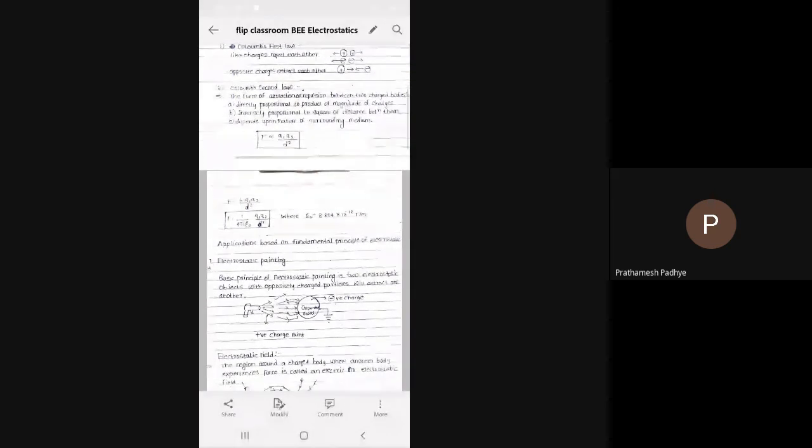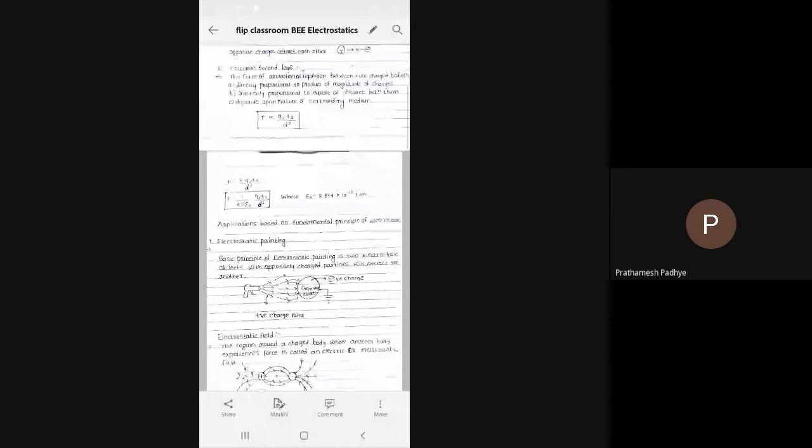Second law, Coulomb's second law. The force of attraction or repulsion between two charged bodies is first of all directly proportional to the product of the magnitudes of the charges, second it is inversely proportional to the square of the distance between the charges, and third it depends upon the nature of the surrounding medium. Its expression is F proportional to Q1 into Q2 divided by D square, where D is the separation distance between the two charges.